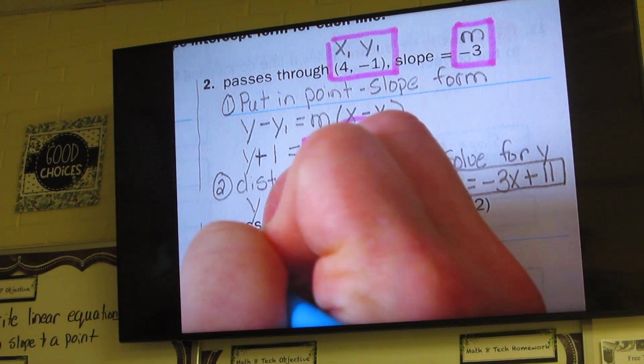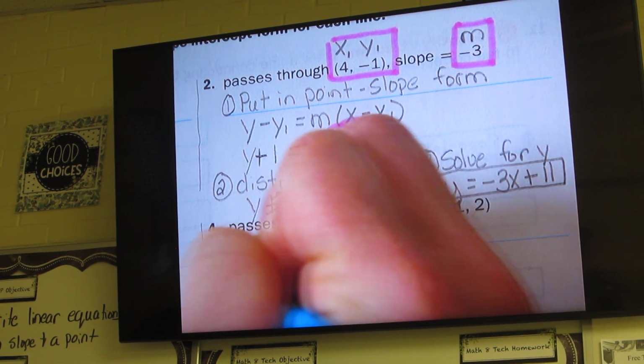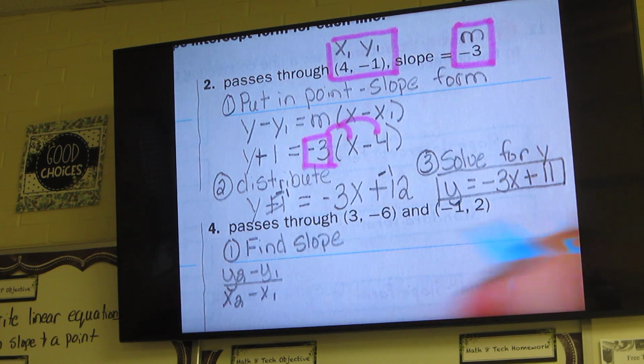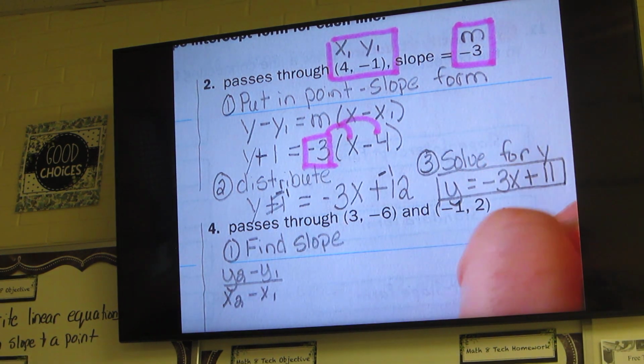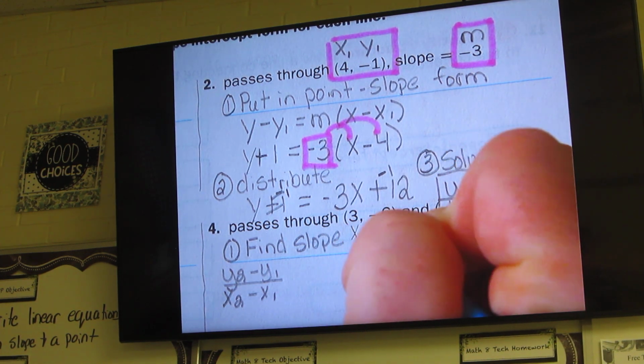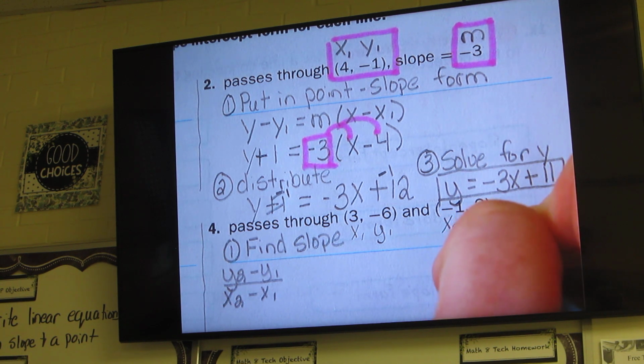Alright, and we're going to use our slope formula, y2 minus y1 over x2 minus x1. Okay, now I'm going to label my points. This is my first point, just like it was up here. So this is my x1, y1. This is my second point, so it's going to be my x2, y2.